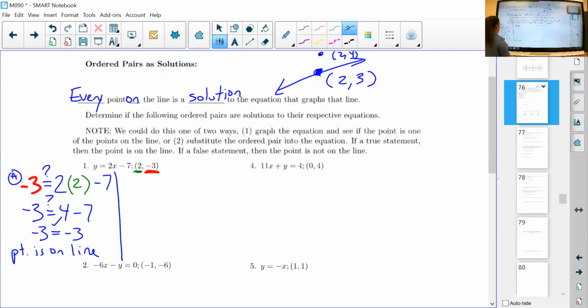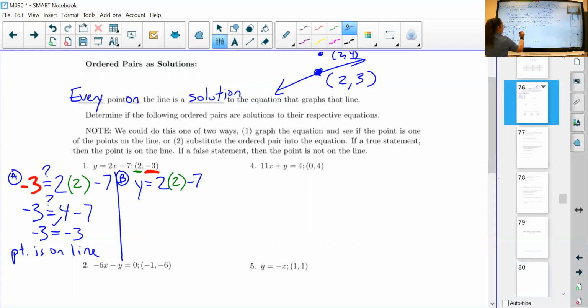Let's try method B, which is very similar. Method B, I'll plug in x and see what I get out for y. Let's try it. So I have y equals 2 times 2 minus 7. I don't need a question mark here because I'm sure of this answer.